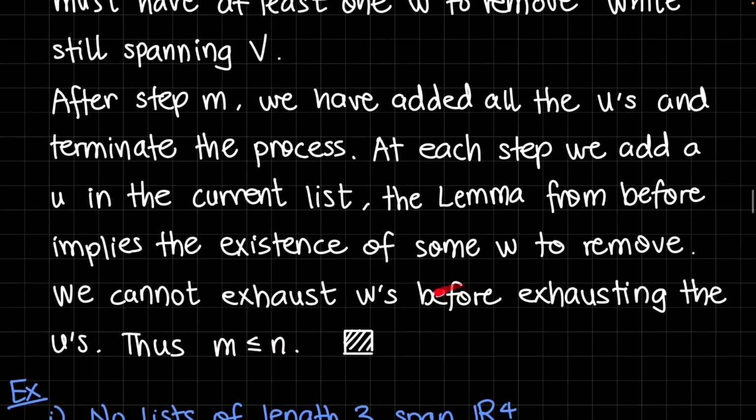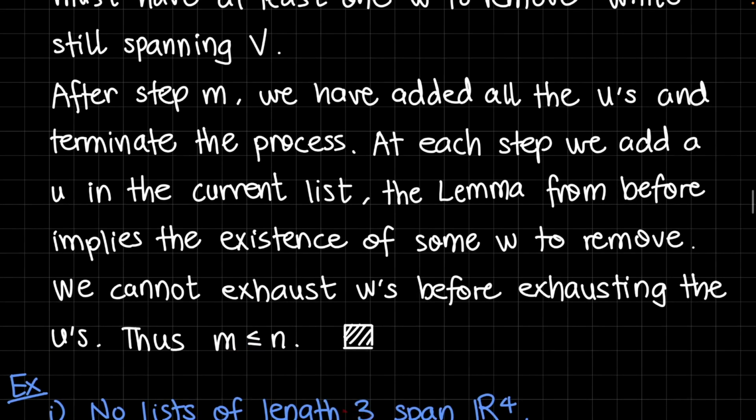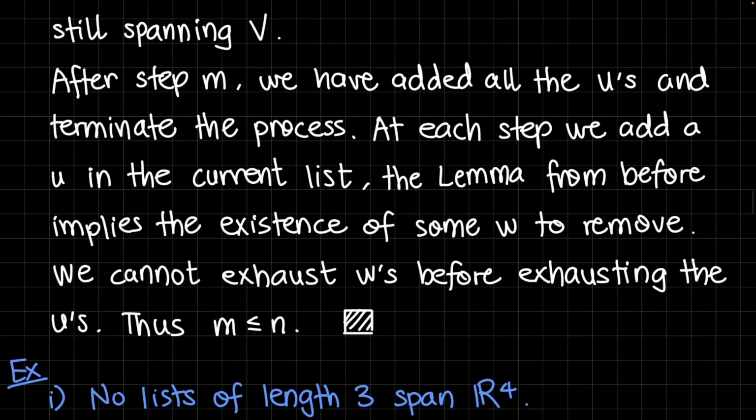Which means we can have more w's than the u's, but not the other way around. Because if we have fewer w's, we run into inconsistencies, especially with respect to that lemma that we had before.